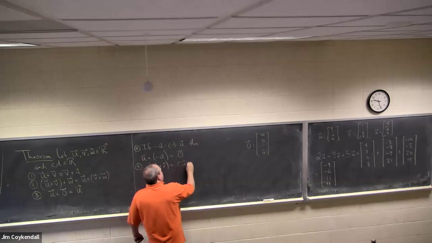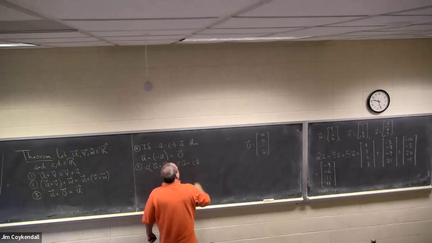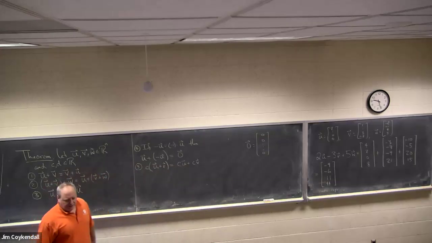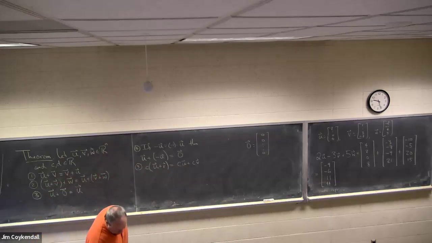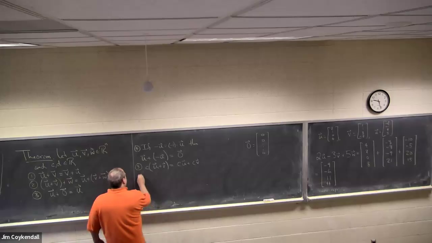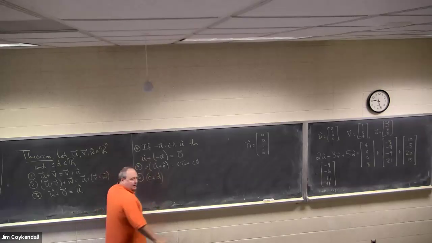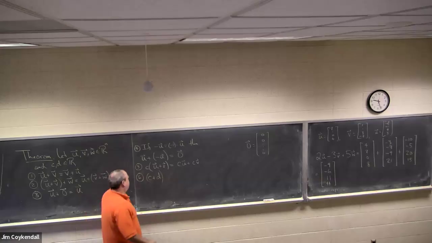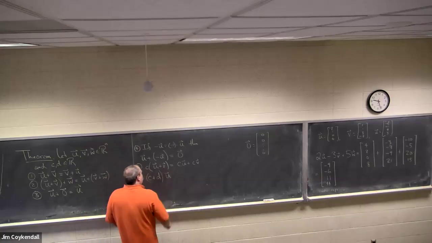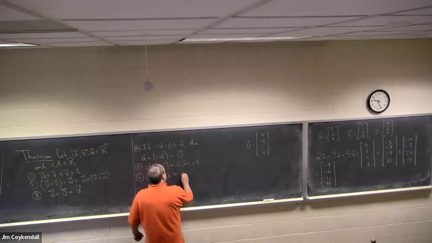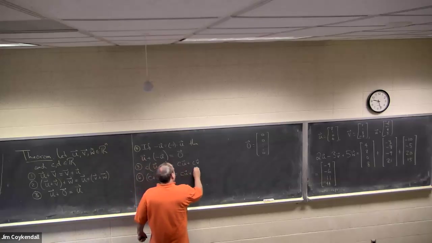You scale u, add it to scaled v. So scaling and addition are compatible. It's also compatible from the other perspective. If I have two numbers, c and d, c plus d times u is cu plus du.